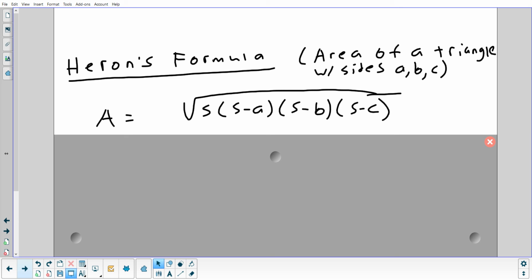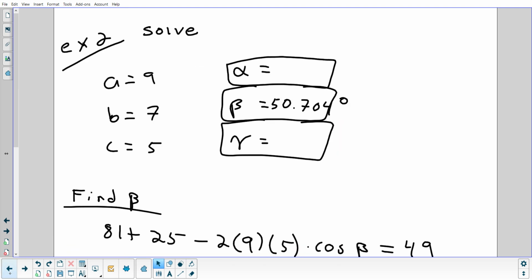Now, technically, you don't need this formula. It does make it a lot easier. But think about if you knew all the sides in a triangle, like this one, and I said, find the area. Well, if you use the formula I just taught you, 1/2 the product of two sides times the sine of the angle between them, you can find the area that way.